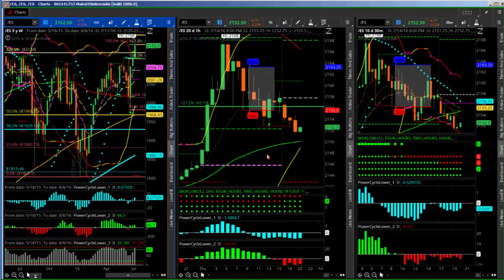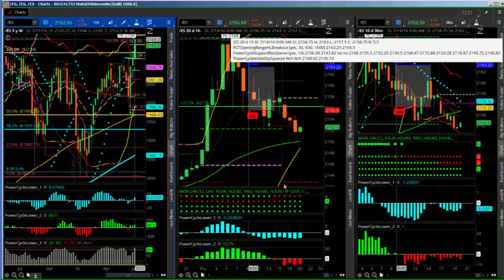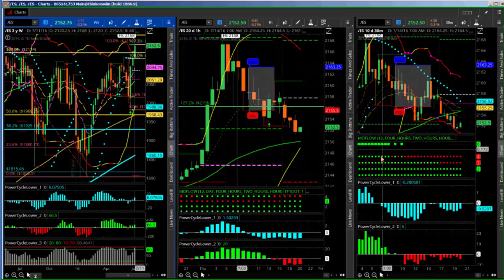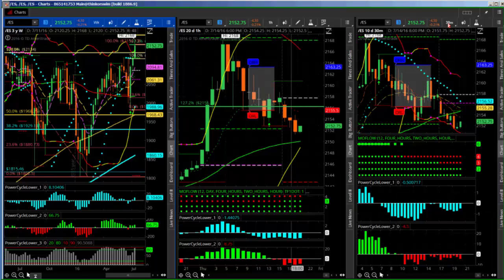So this indicator I've developed, along with my other momentum indicators, tells me when the momentum is shifting, either positive or negative, and I can set it to different time frames. For example, this is 30 minutes, so I've got this set to 30-minute, hourly, 2-hour, and a daily time frame.